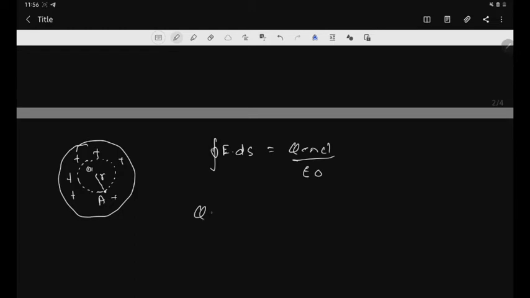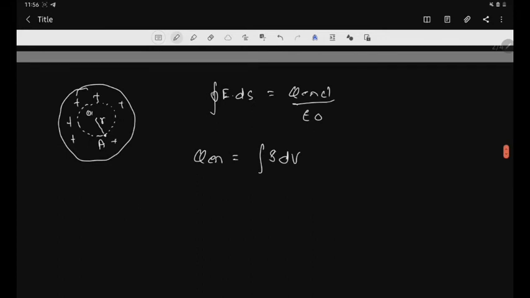Now this Q enclosed we can find by taking the integration of the volume charge density, that is rho, times volume, that is dV. So we can write this equation: E will be constant, we can take it outside, into dS, will be equal to rho, which will be constant, we can take it outside, into the integration of dV divided by epsilon naught.